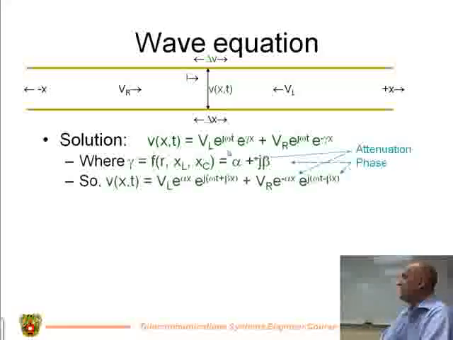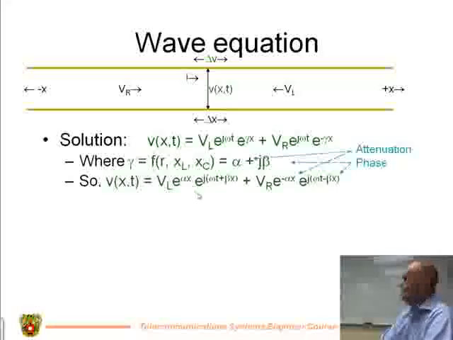But you can just plug it into this equation. So v of x and t equals e to the alpha x times e to the j omega t plus beta x. You notice here e to the j omega t is just a sinusoid with a phase of beta x, right? And e to the alpha x is just an attenuation.